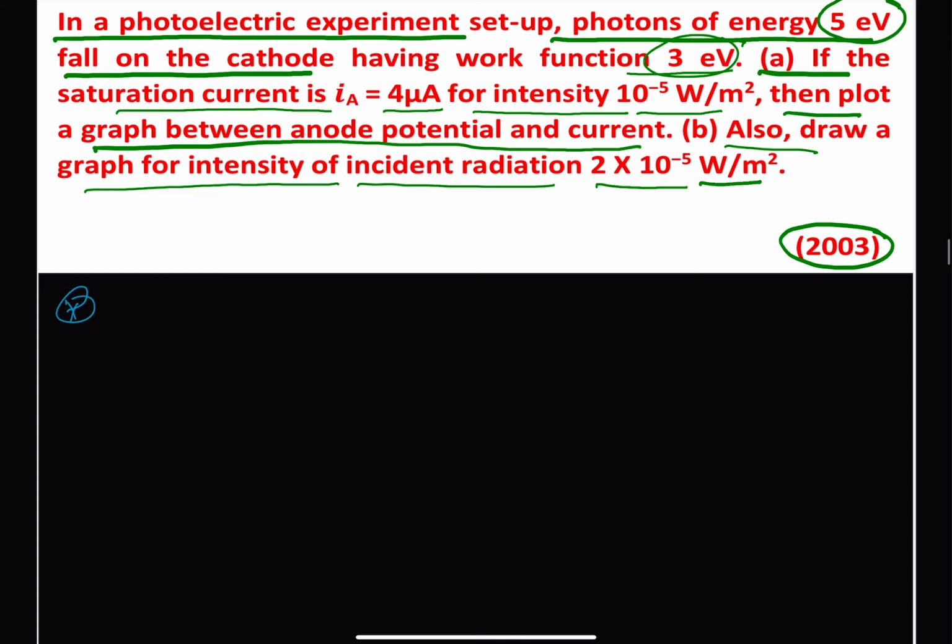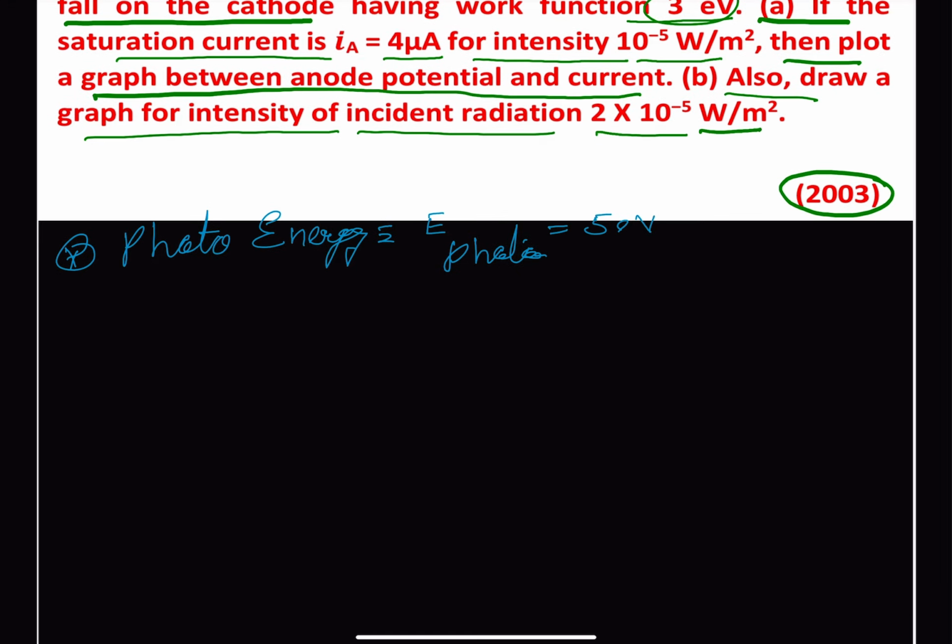So we can say the photon energy, E photon, is equal to 5 electron volt. We have a work function phi, given as 3 electron volt.